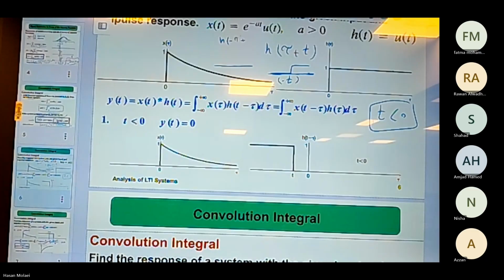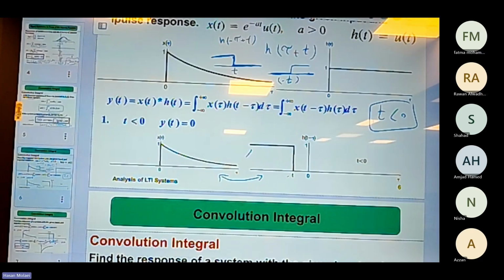Which means I should do time reversal. It would be something like this. Since t is negative, now we are in this situation: t is negative, and this is x.